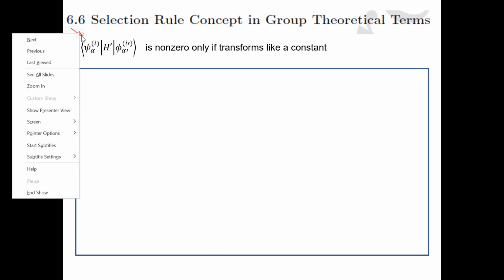So let me now go back to the main topic of this chapter, which is trying to calculate matrix elements such as this one. We have discussed last time, this is a typical problem that we have.